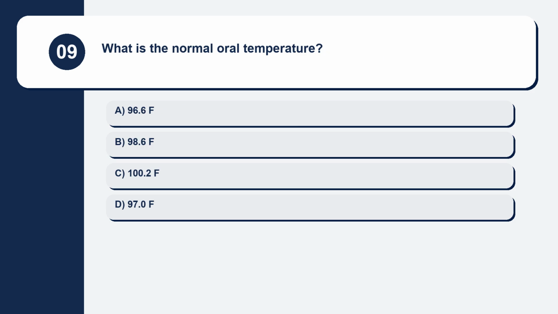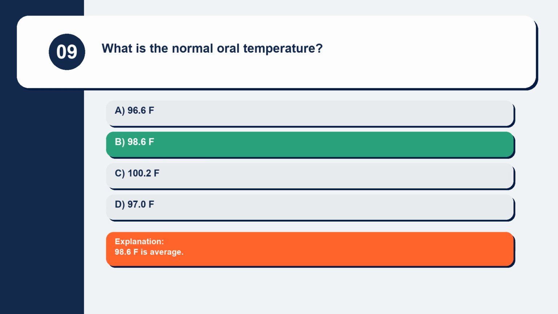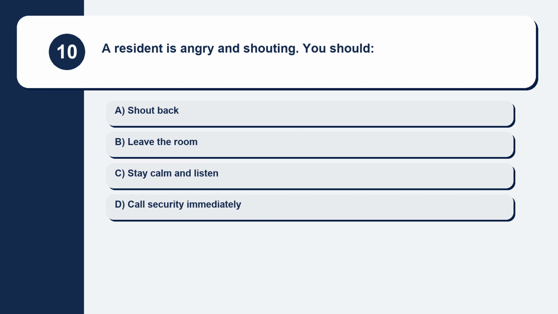Question 9. What is the normal oral temperature? 96.6 F, 98.6 F, 100.2 F, 97.0 F. 98.6 F is average. Question 10. A resident is angry and shouting. You should shout back, leave the room, stay calm and listen, call security immediately.